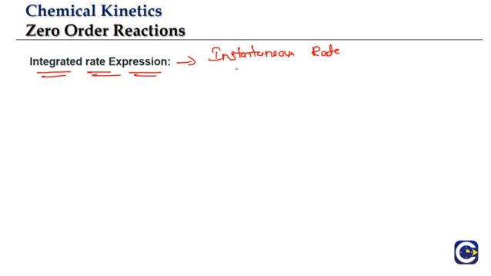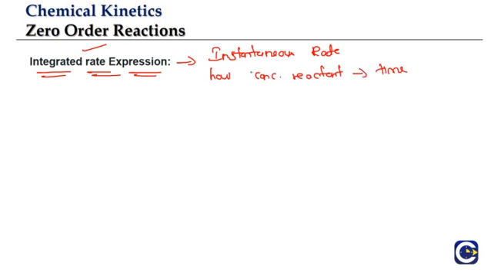But this will not be able to help us more than that. Integrated rate expression can help us in finding how the concentration of reactant will change with respect to time.